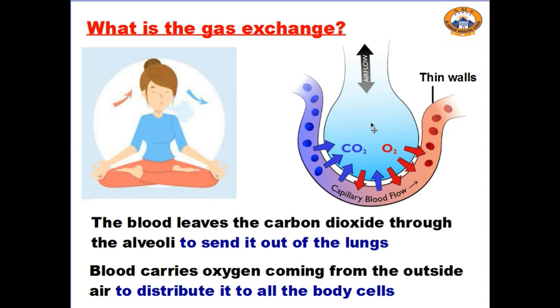Again, the blood takes the oxygen from the alveoli to carry it to all the body cells. And the blood also leaves the carbon dioxide waste inside the alveoli to get rid of it. Okay? The blood took this carbon dioxide from the cells. It was a waste product produced during the respiration process.